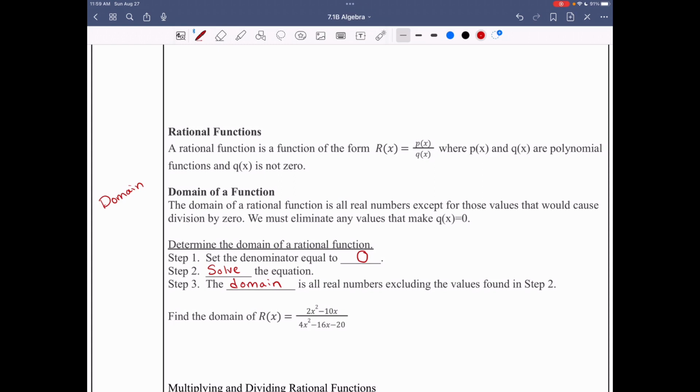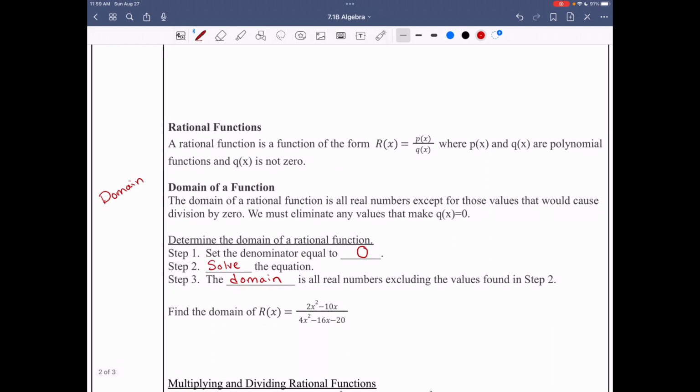So they want us to find the domain of this. So we're going to set the denominator equal to 0, and we're going to solve the equation. So we're going to factor to be able to solve. Factoring out a GCF of 4. And then there are factors of negative 5 that add up to negative 4.